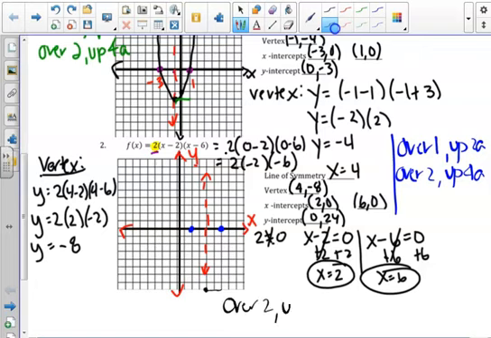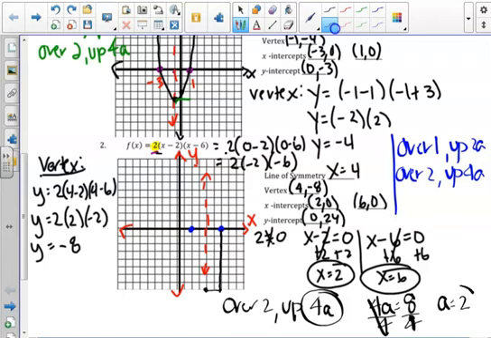So that means I have to go up 4 times a. So to find the a value, which is this value in front, I'm going to have to count up from here, and I get 1, 2, 3, 4, 5, 6, 7, 8 coordinate units. So that means 4a is equal to 8. Divide that by 4, and a is 2. That is why there is a 2 written in front.